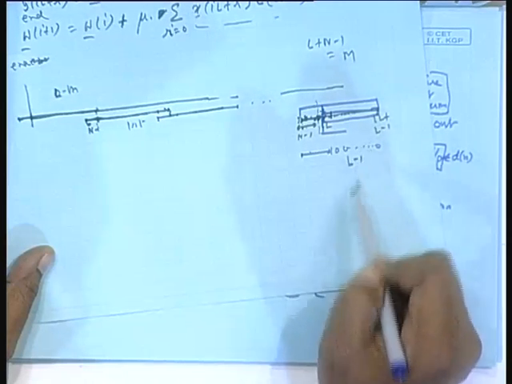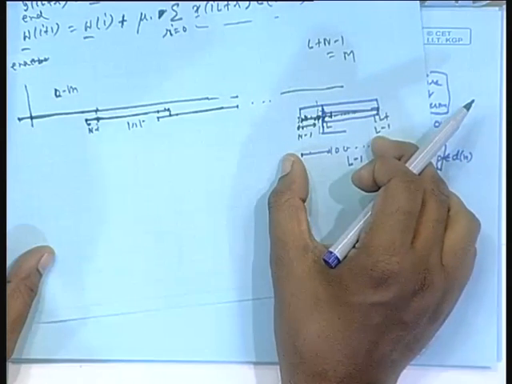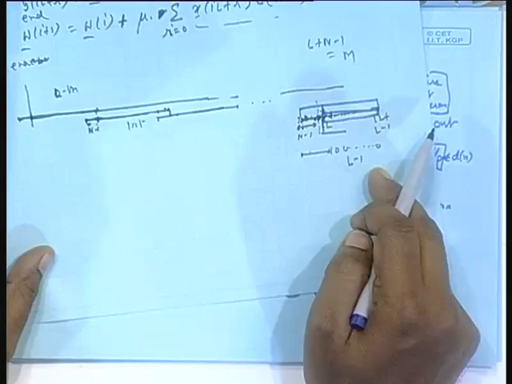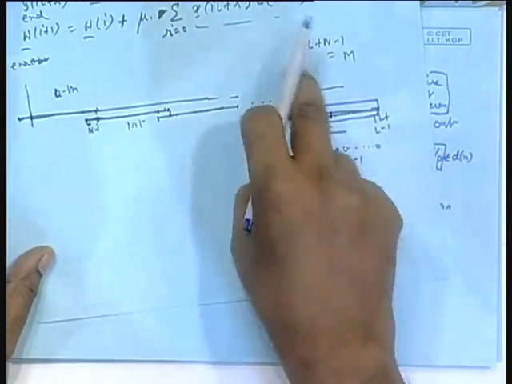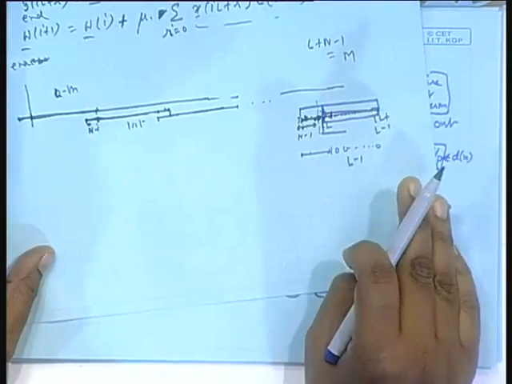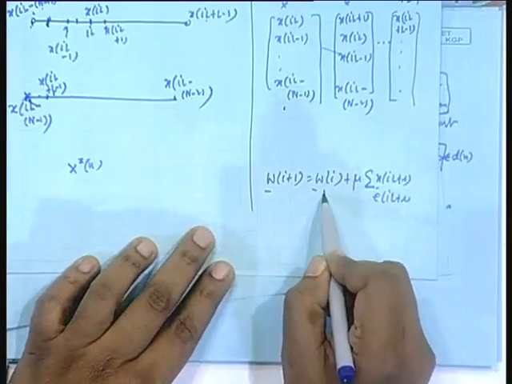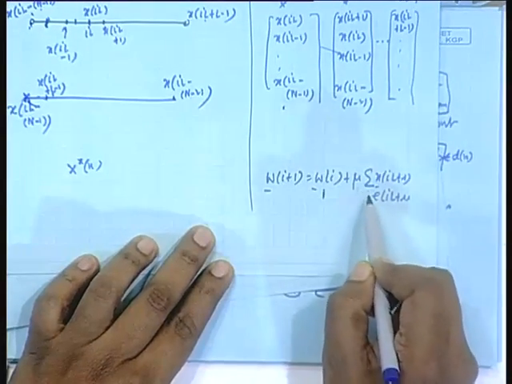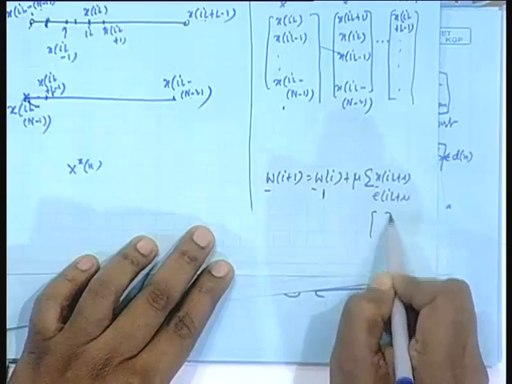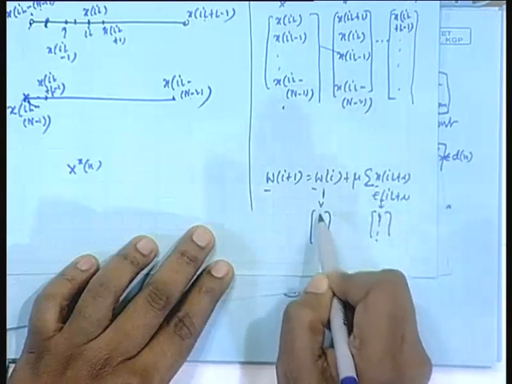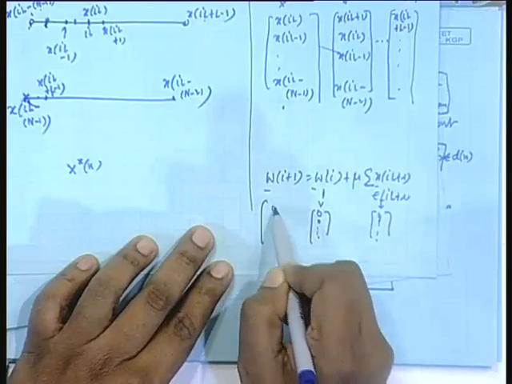How many? L minus 1 zeros. Total length is L plus n minus 1, length n. So, L minus 1 zeros I added. Then only I took its DFT, that DFT I used in the filtering part. So, to this vector I will add extra zeros here also, 0 0 0, and I will get therefore 0 0 0.